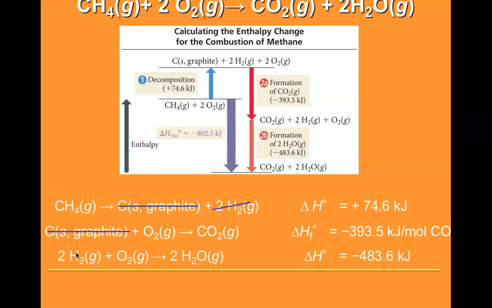Now the number matches. Everything crosses out, but what is left over, when you add up individual reactions in Hess's law, they have to add up to the overall reaction, so it matches the very top of the screen. You add up all your numbers, and you should get the exact same answer.